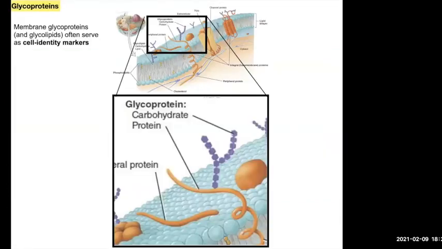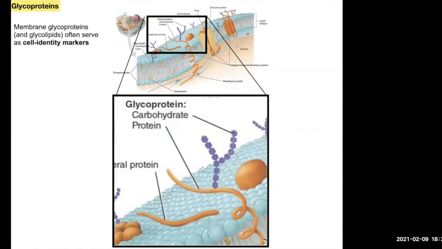But that is getting to that whole amino acid sequence and those side groups that are going to confer these properties on them. The last one, we mentioned glycolipids. There's also glycoproteins embedded within the cell membrane. And again, membrane glycoproteins and glycolipids, one important thing is they're serving as cell identity markers, right? So the immune system recognizes different cell types by these glycoproteins and glycolipids.